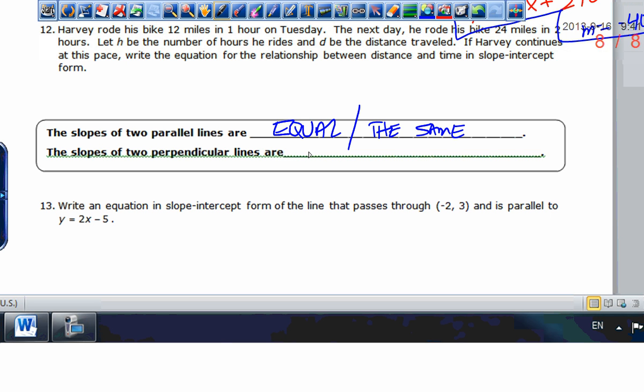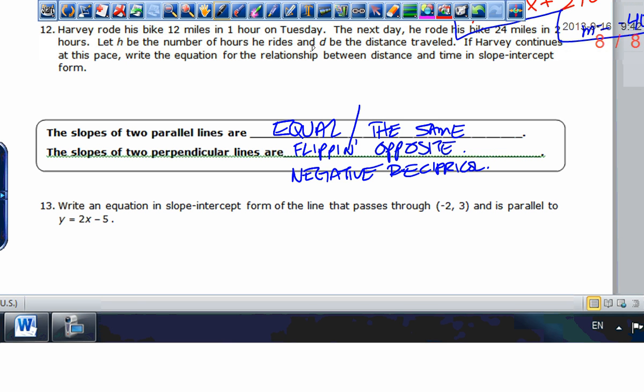Okay, there's two ways we can write this. We can say flip an opposite. Kind of sounds like a naughty word. Or the other way we can do is negative reciprocal. Negative reciprocal, or rocal? I don't know.